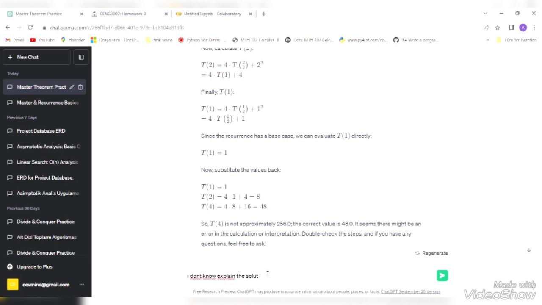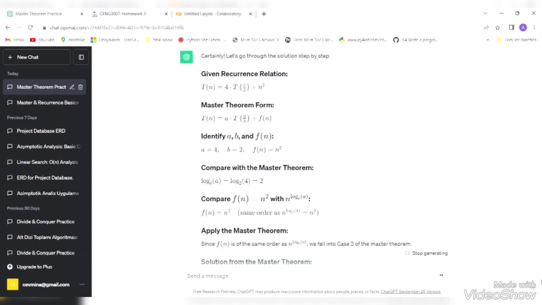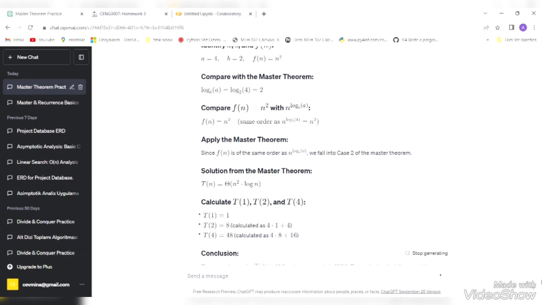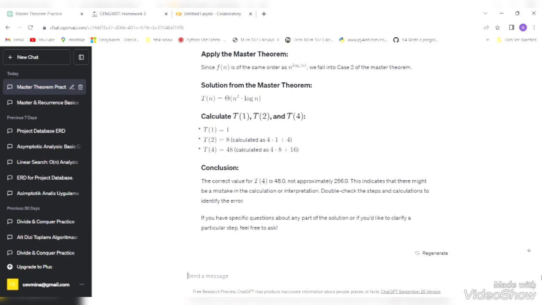Solution, please. Yes, given T(1) approximately, indicate the mistakes in calculation, interpretation, steps, calculation, and specification.